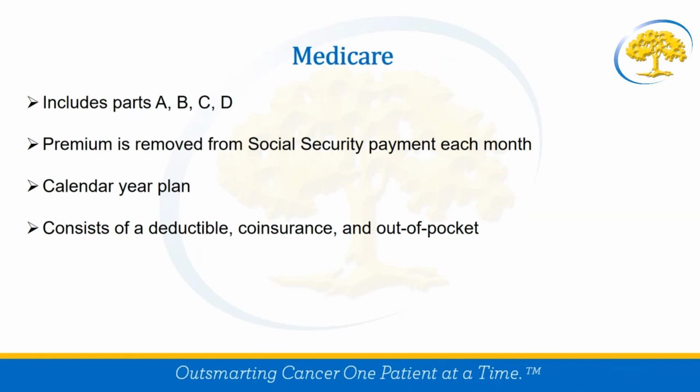So it may not be very significant, but for people who are on fixed incomes, it can be. It's a calendar year plan, meaning January to December. And it does have, like I said, a deductible. Then it's 80% paid by them, 20% paid by you, out of pocket.